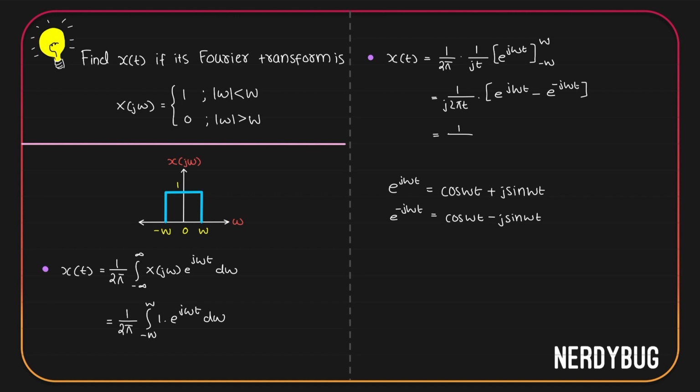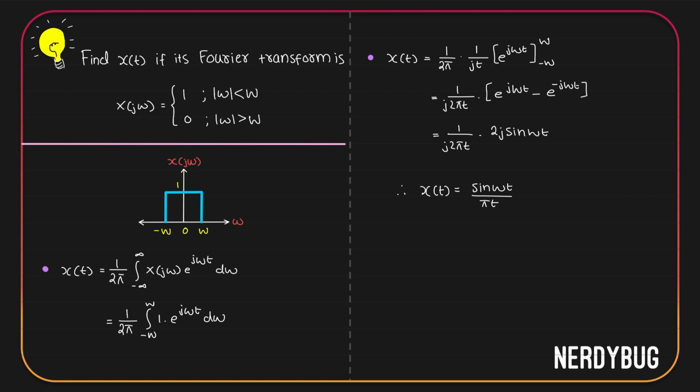So this becomes 1 by j 2 pi t multiplied by 2j sin wt. We have j and 2 here, we have j and 2 here, they get cancelled. So x of t is sin wt divided by pi t.